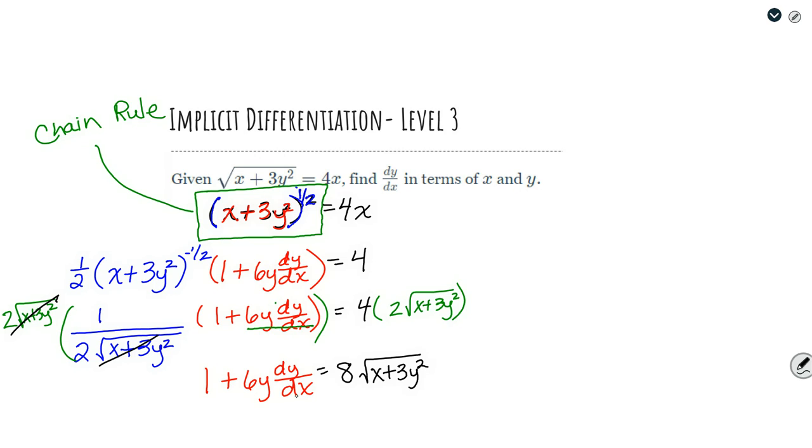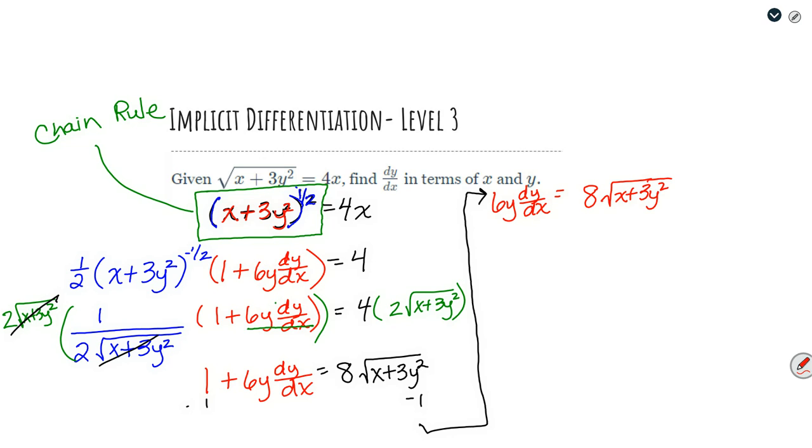Okay, then I'm trying to get the dy/dx by itself, so I can subtract the 1 on both sides. Let's see, I need more space, so I'll come up here. Now I have 6y dy/dx equals 8 square root of x plus 3y squared, then minus 1.